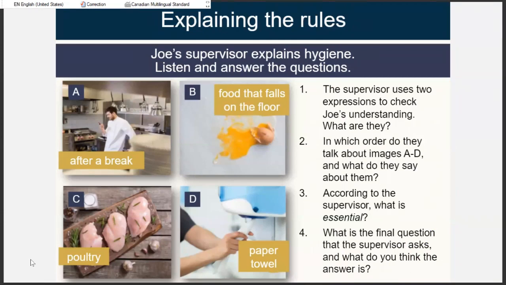Okay, so to give clear instructions, you are supposed to be really clear and precise. So the language that you will utilize is going to be clear and precise language. And then you have to explain the purpose of the task. And of course, make sure that the person that you are addressing understands the point that you are explaining.